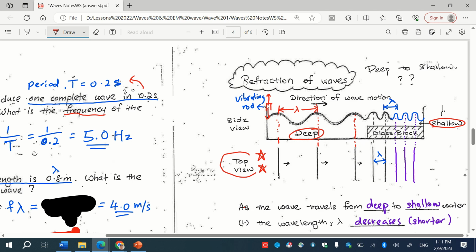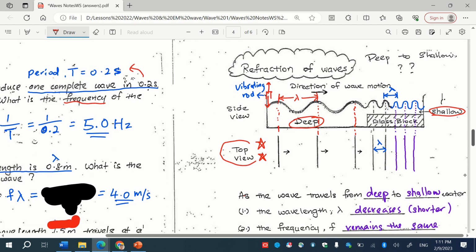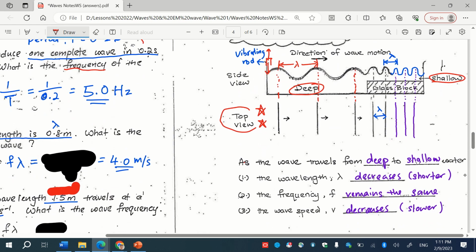Then you can see that when they enter the shallow region, the wavelength becomes shorter. These are the changes in the properties you need to know. As the wave travels from deep to shallow region, what happens to the wavelength? The wavelength decreases, becomes shorter.